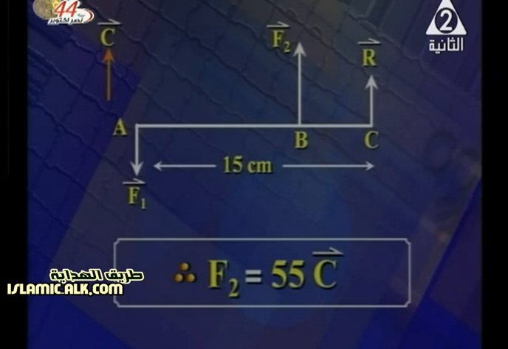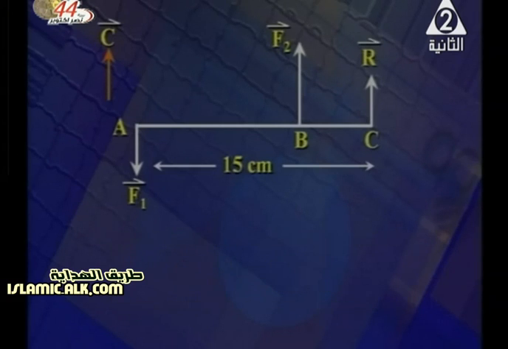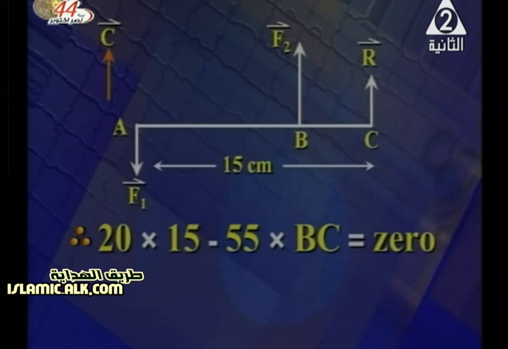Look, student, in this case F1 is in the opposite direction to F2. AC equals 15 centimeters. When we find R equals F1 plus F2, we get F2 equals 55C. After that, using the theorem of moment, we take the moment about point C: F1 equals 20 times 15, the distance AC, minus 55, the magnitude of F2, times BC equals 0.